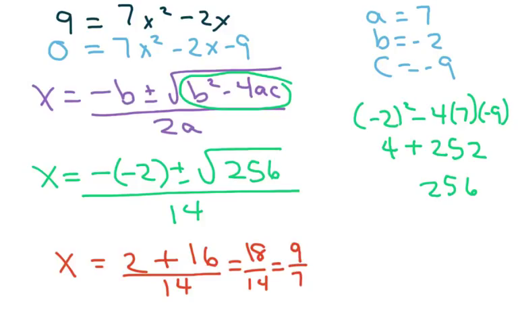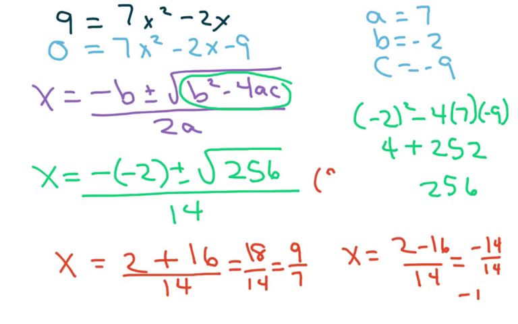And the other one's going to be the same thing, but minus: 2 minus 16 over 14, which equals negative 14 over 14, which equals negative 1. So our solutions are 9 over 7, 0, and negative 1, 0.